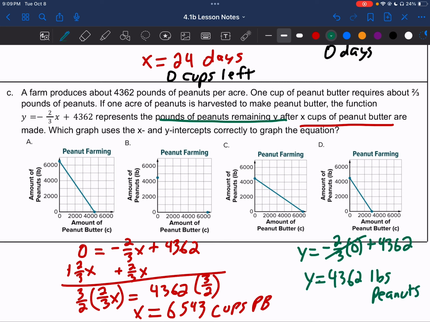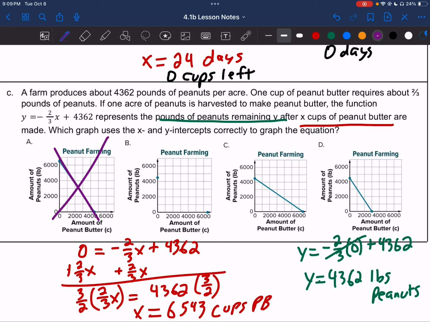So now we need to figure out which of these graphs is the correct one based on the information we have. So our x value being 6,543, well, I can eliminate number 1 immediately because it has those values switched. It has the x value as being 4,000 and change, and the y value as being 6,000 and change. So we know number 1 is wrong right off the bat.